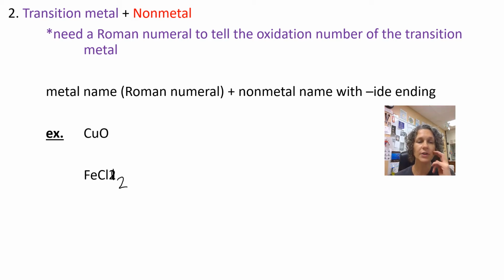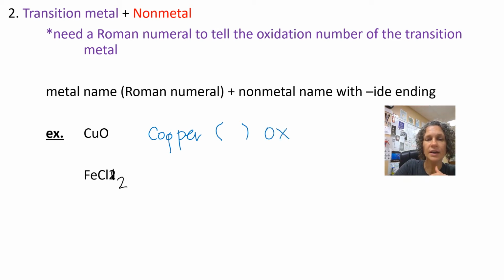All right, so now that first one, you've got Cu. Cu is copper. So copper. And then I always put a set of parentheses, and then I go on and name my other element. O is oxygen, which becomes oxide. So now here's the deal with the transitions. We have to figure out what it is based on the compound that it is in. So I don't know copper because it's transition, but I do know oxygen.